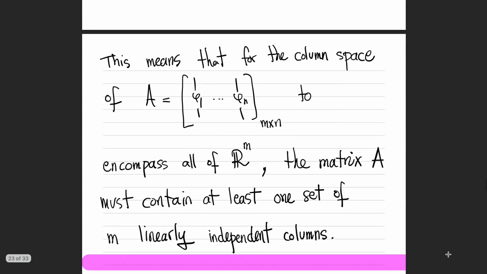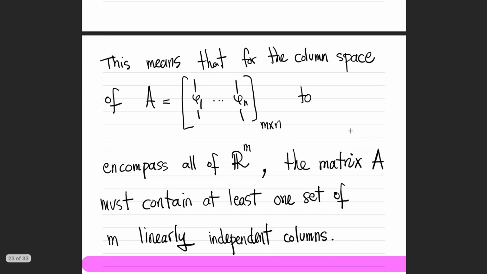So this means that for the column space of A, where the columns are phi 1 to phi n, you have n vectors in an m-dimensional space. In order for these n vectors to encompass all of Rm, the matrix must contain at least one set of m linearly independent columns.